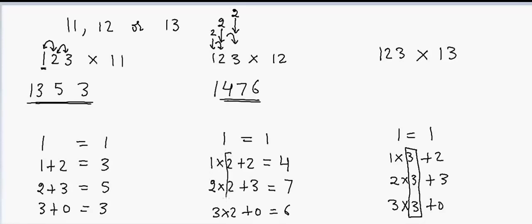Here I multiplied all the numbers by 2, and here I did not do any multiplication because it was 1. If I add these numbers, it will be 5, 9 and 9. So the answer will be equal to 1599. That's how I'll multiply any number by 11, 12 or 13.